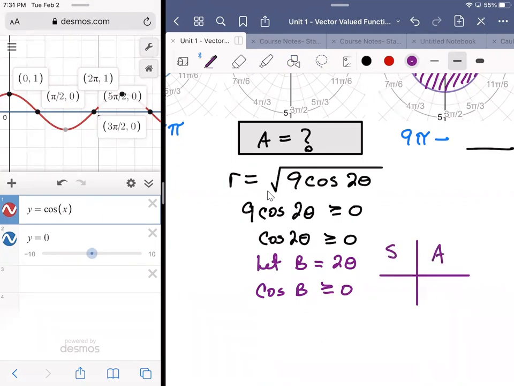ASTC, that's that shortcut way of determining where the individual functions are positive versus negative, right? Positive or greater than or equal to 0. We know where it's equal to 0, but greater than 0 would be in the first quadrant or the fourth quadrant, right? So that's consistent with this graph because it's saying go from 0 to pi over 2.